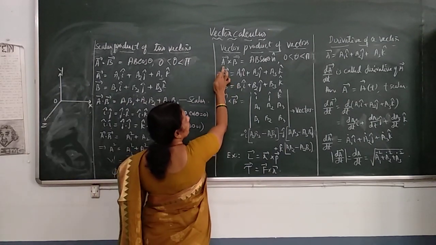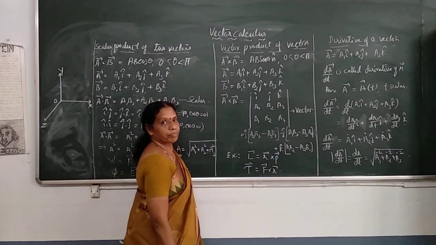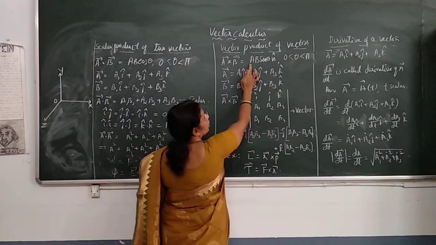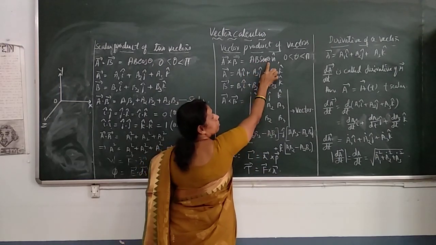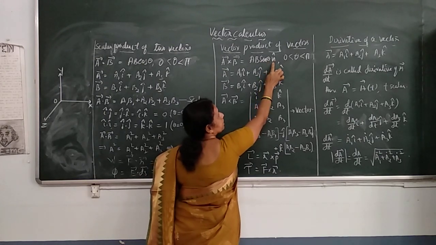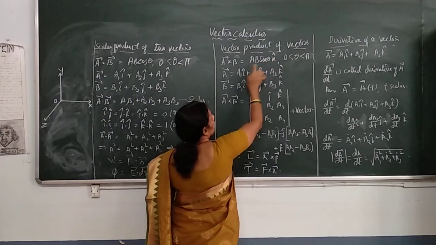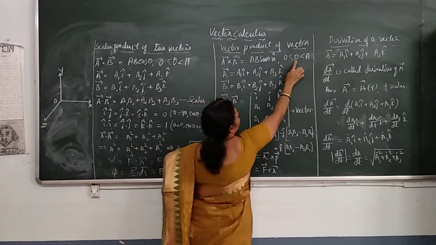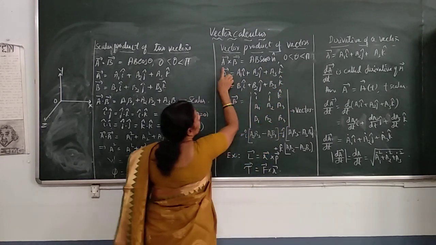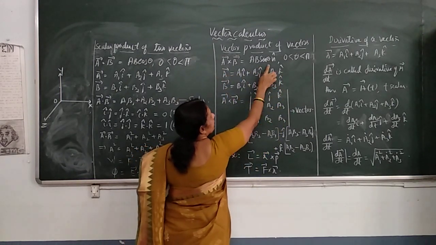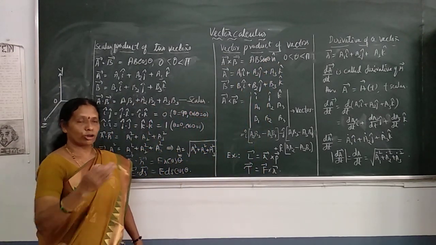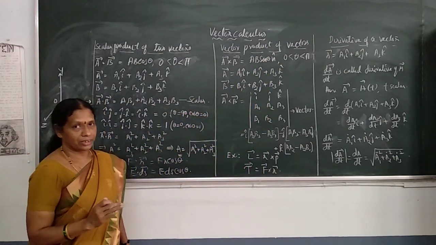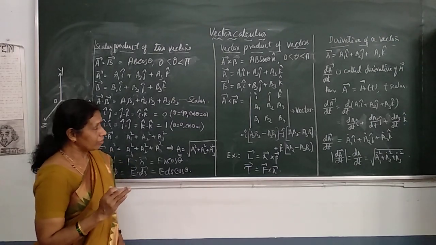We define it as A vector cross B vector, given by the product of magnitudes of the vectors and sine of the angle between the two vectors with a unit vector n cap, where theta lies between 0 and pi, so that A cross B vector is AB sin theta n cap. This indicates that the vector product or the cross product is always a vector.